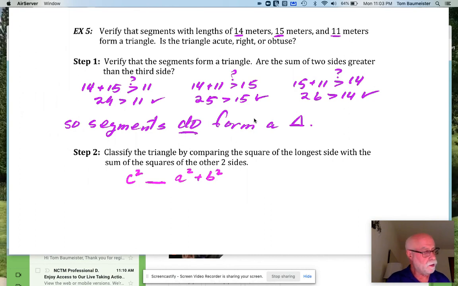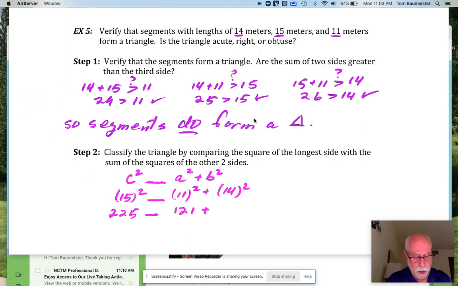Which is your longest side there? If we look, it was 15. So we're going to say 15 squared. Again, we're going to put a symbol there in a second. And then we're going to have 11 squared plus 14 squared. Okay, so 15 squared is 225. 11 squared is 121.